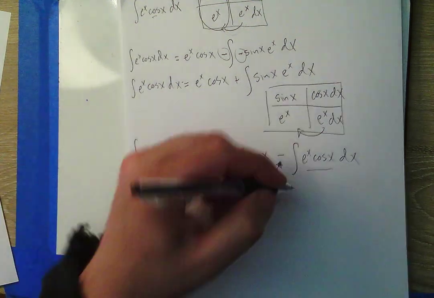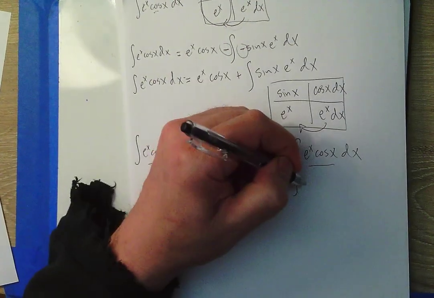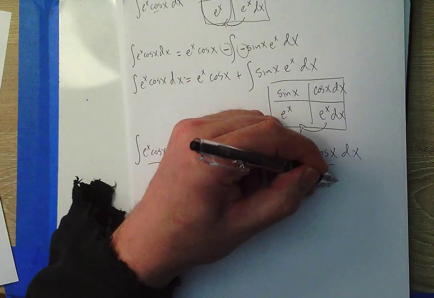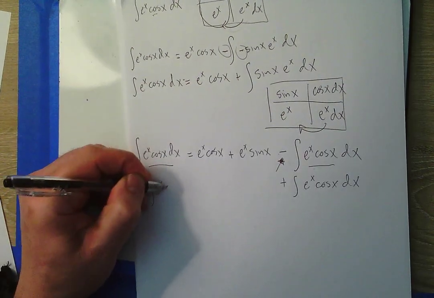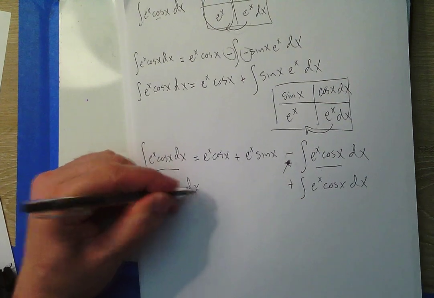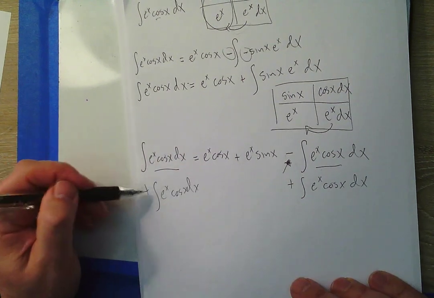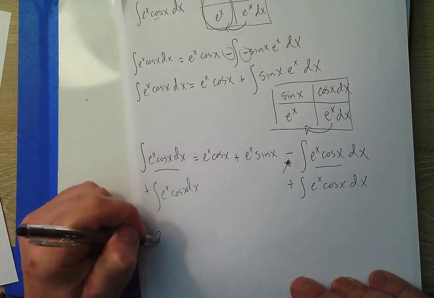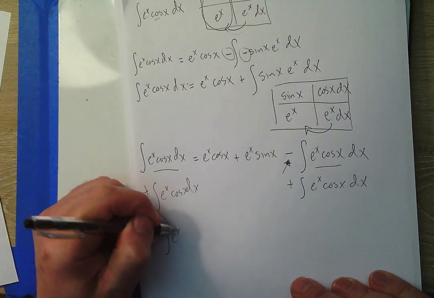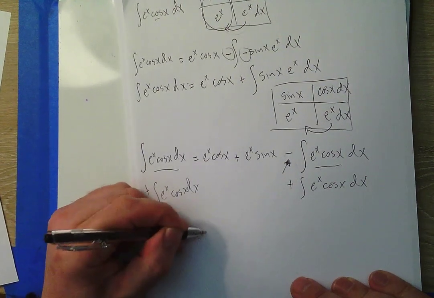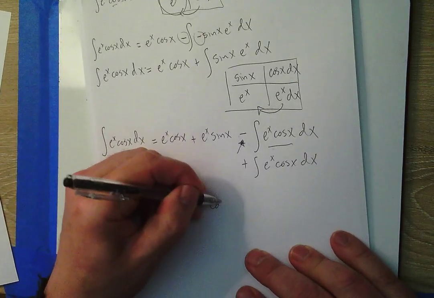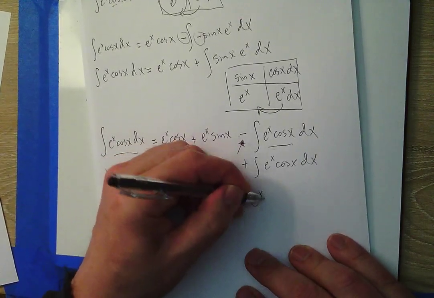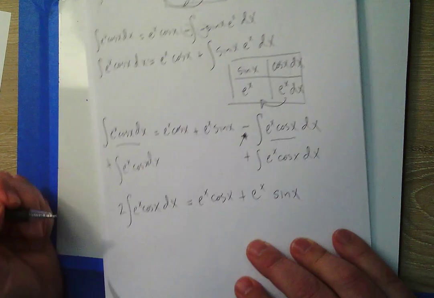Because, check it out, let's add this integral to both sides now. Plus the integral e to the x cosine x dx. Look, I have one of them, plus one more of them. That gives me two of these integrals equals e to the x cosine x plus e to the x sine x.